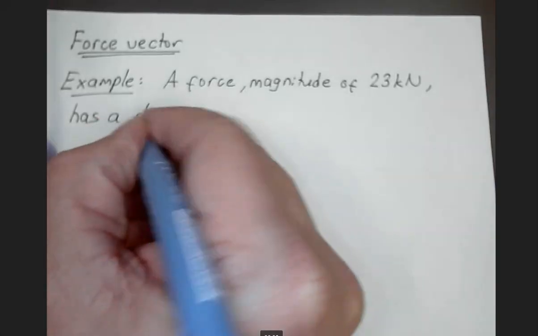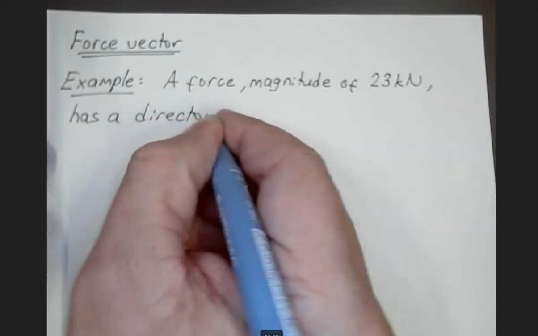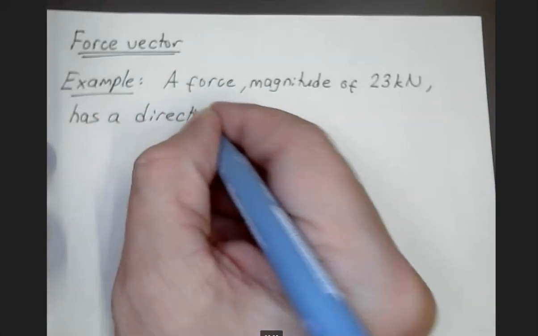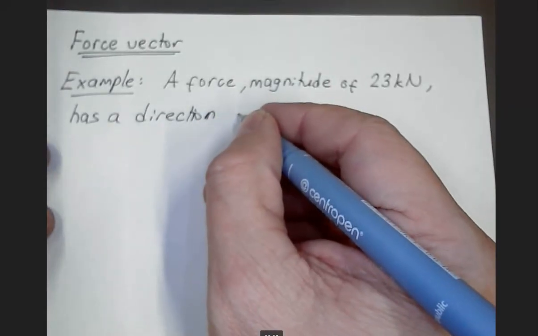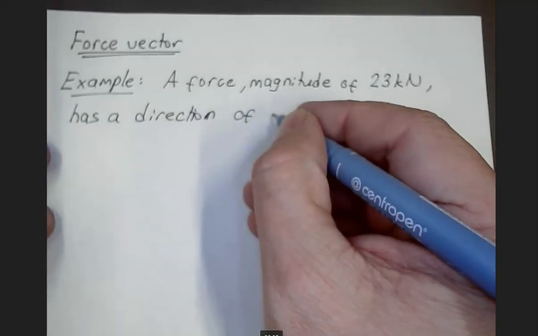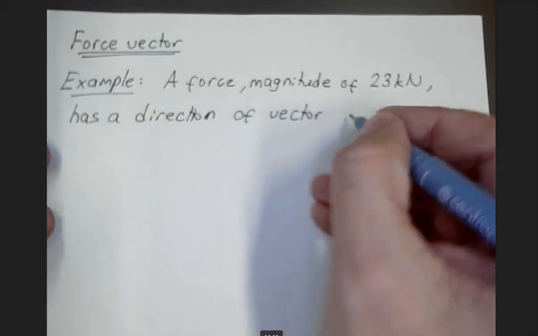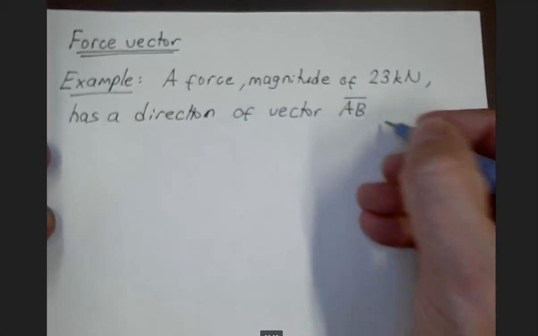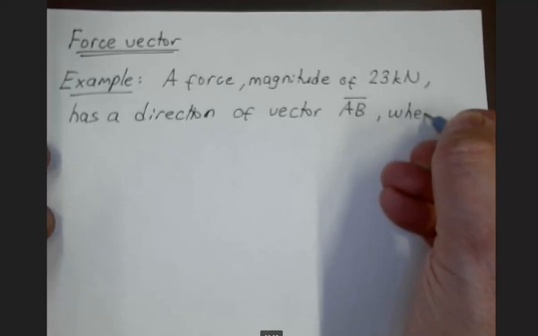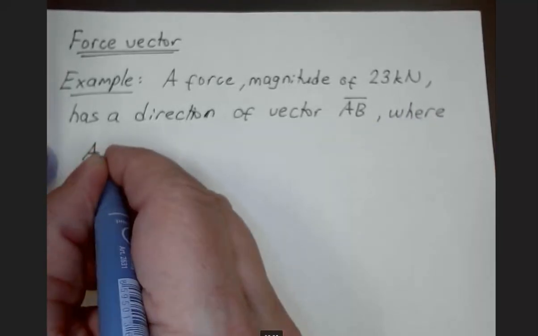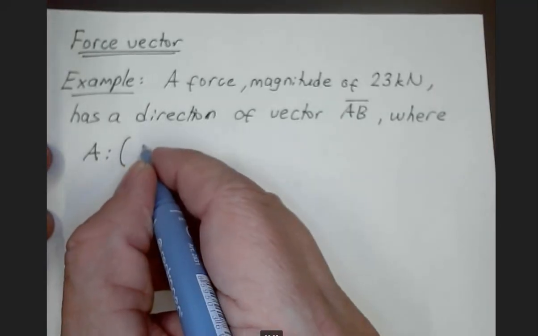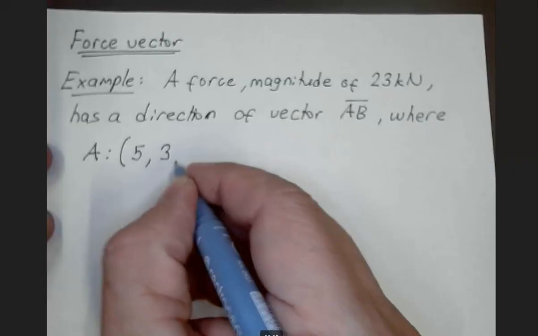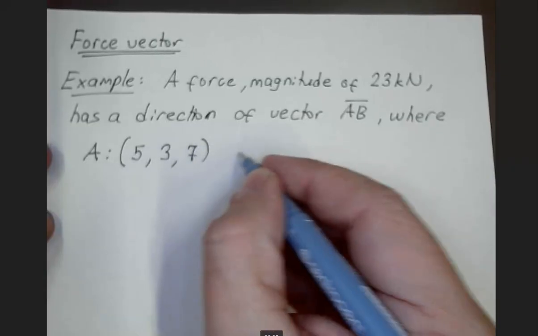It has a direction of vector AB, where this A has coordinates 5, 3, 7.